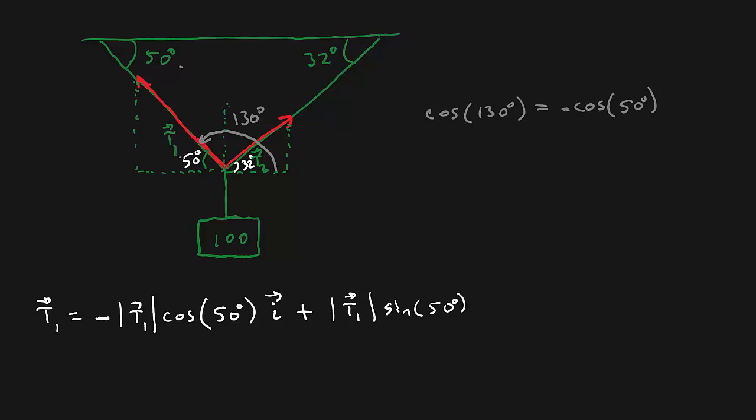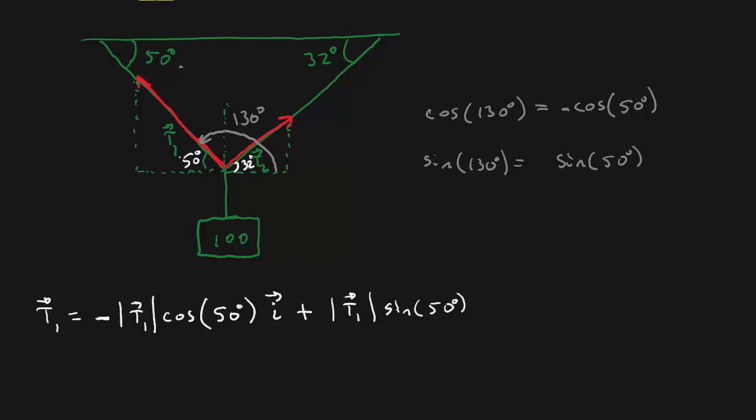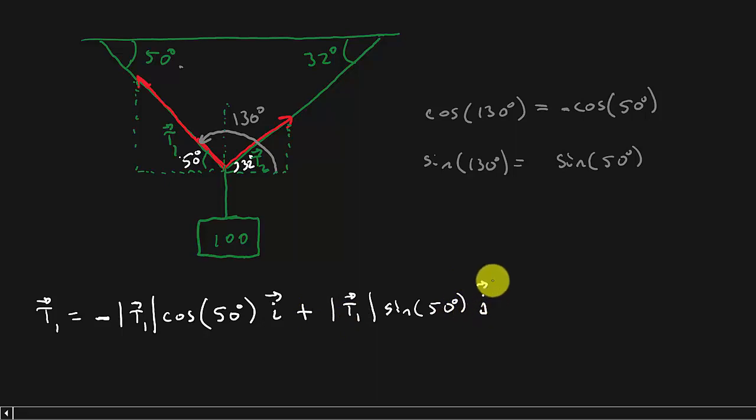Well, if I do the sine of 130, that's equal to the sine of 50, my reference angle, and this is positive. Also, 130 is in the second quadrant, so sine's positive also. So that would just stay positive, and then that would be times vector J.